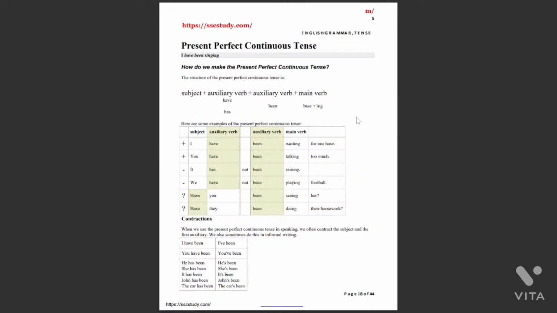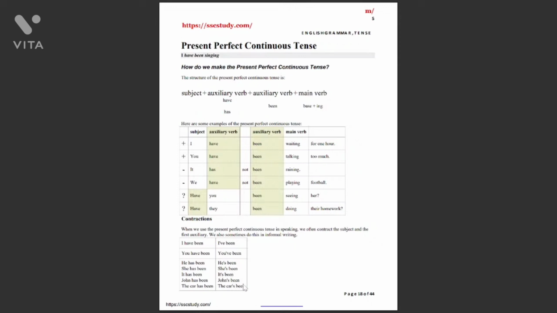When we use the present perfect continuous tense in speaking, we often contract the subject and the first auxiliary. We also sometimes do it in writing. So I have been can be written like this, and you have been can be written like this. He has been, she has been, it has been, John has been, the car has been.